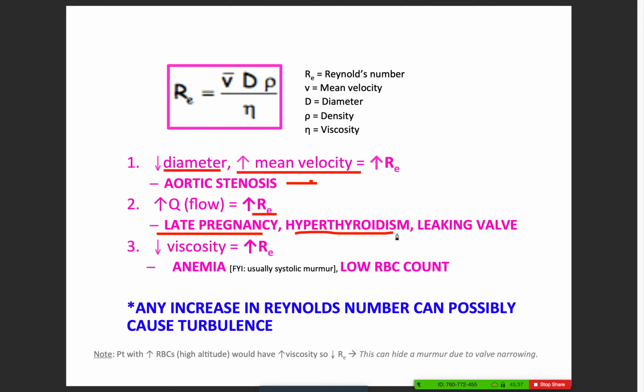Hyperthyroidism increases the amount of flow, increases your stroke volume, increases your heart rate. A leaking valve or regurgitation is going to increase the amount of flow because now during diastole, when you're supposed to have one valve closed and one valve open, both valves are open. So now the heart is going to have to work twice as hard.